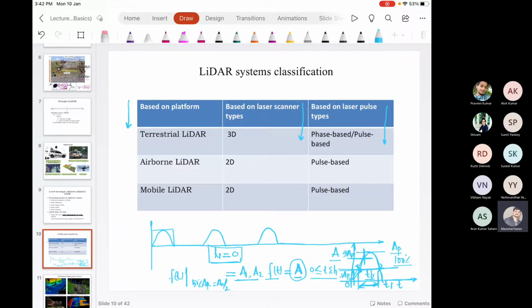This is the reason why we can't generate a square pulse. So we have a laser pulse with a Gaussian shape, near Gaussian shape. Then there is a gap, and the second pulse is generated like that. This is amplitude A and time T.